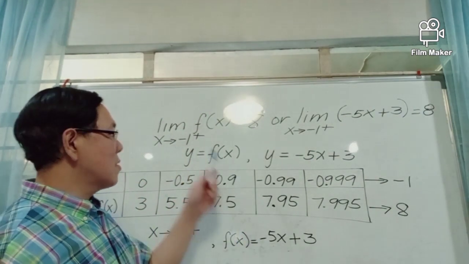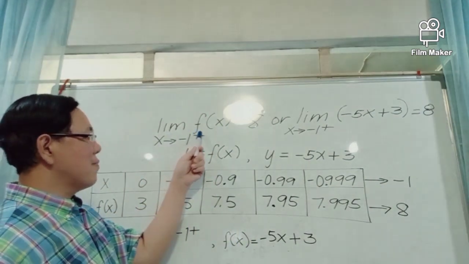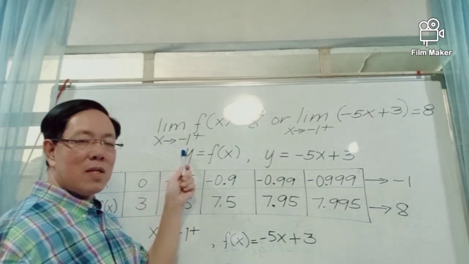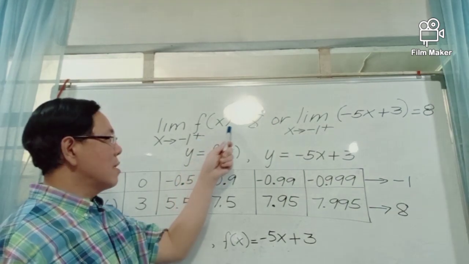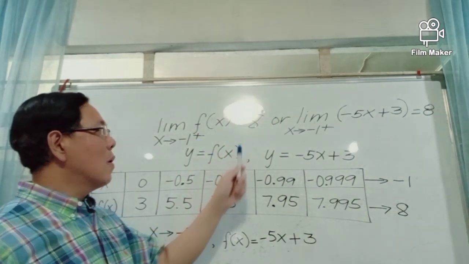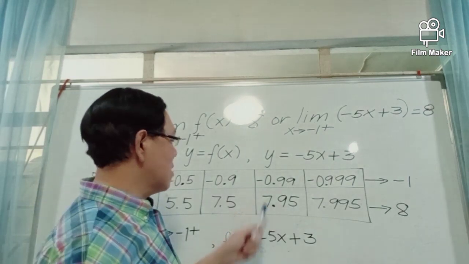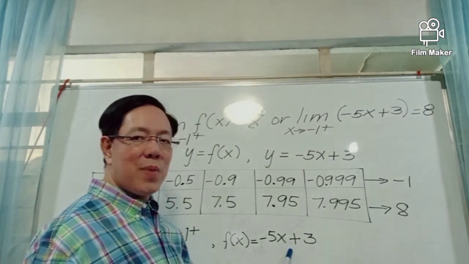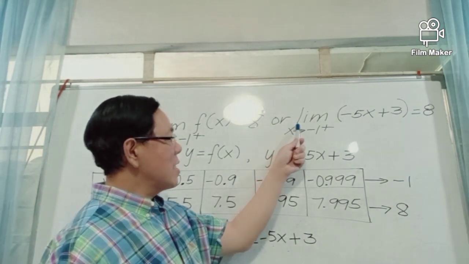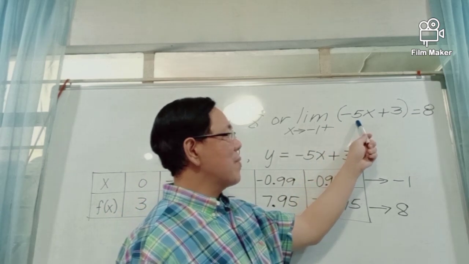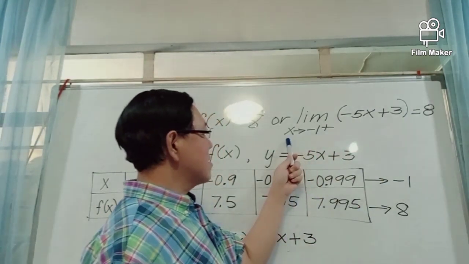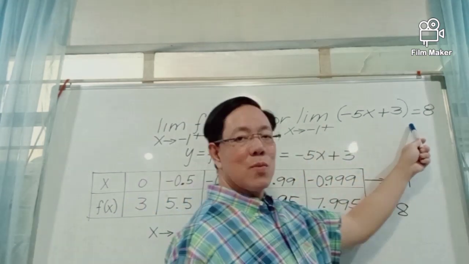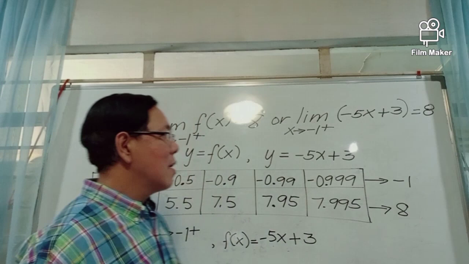And we write that in symbols as the limit of the function f of x as x approaches negative 1 from the right equals positive 8. Or more specifically, because the function f of x is the linear function negative 5x plus 3, we write the limit of negative 5x plus 3 as x approaches negative 1 from the right is equal to positive 8.